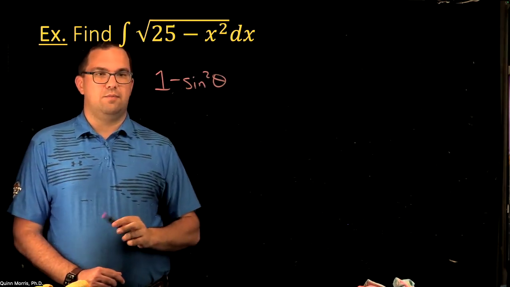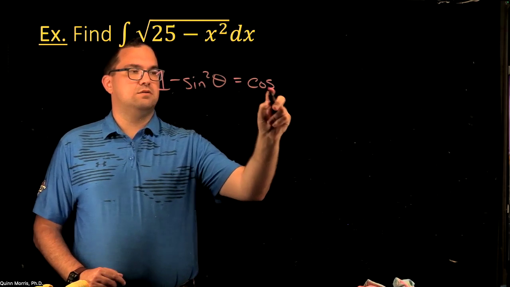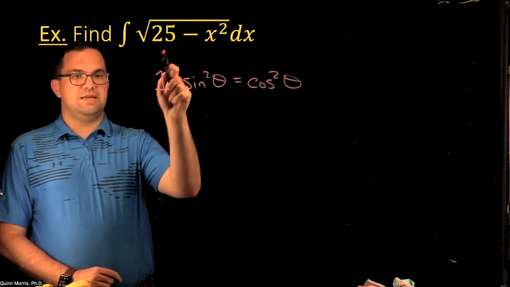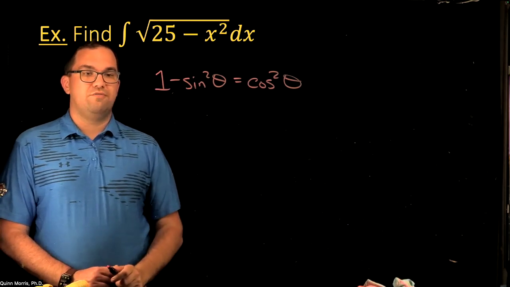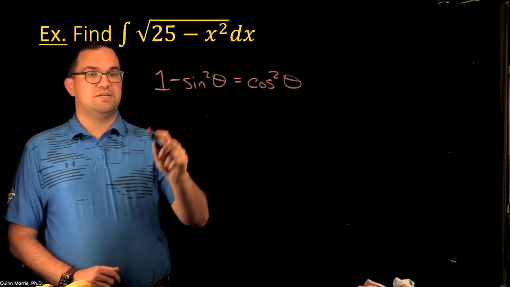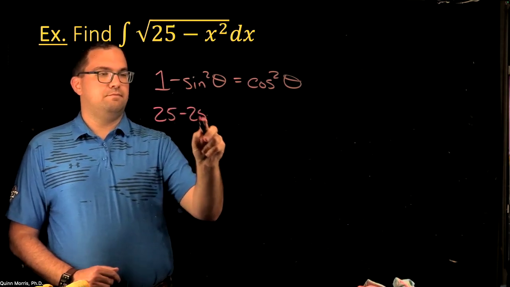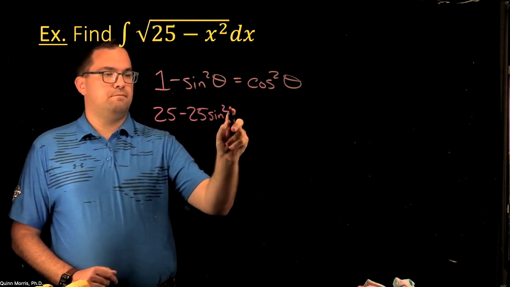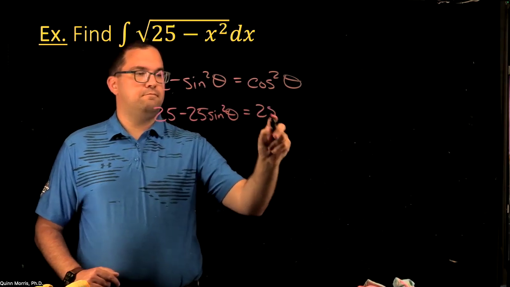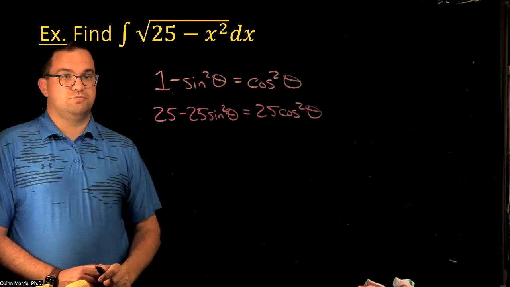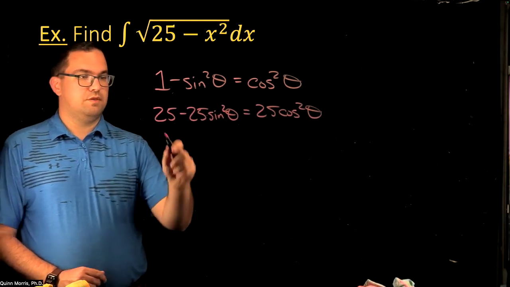That's what I'd like to end up with, because I know that's cosine squared theta. The problem is I don't have a 1 sitting here, I have a 25. So what if I multiplied this entire expression through by 25? Okay. So I'm just multiplying through by 25.